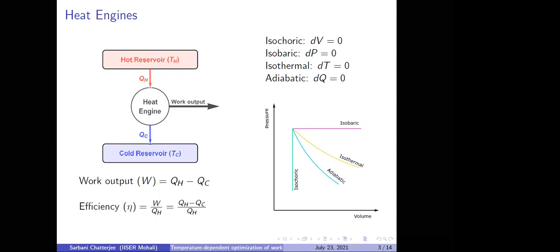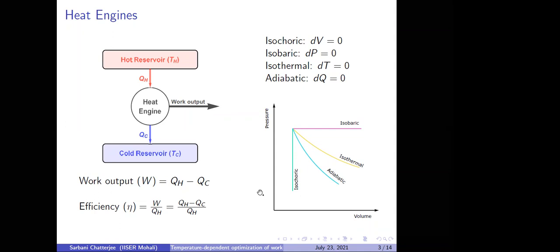Sarvani? Yes. Can I ask a very basic question? I am very new to this topic. So you mentioned isochoric processes, there is no work done. Can you show that? Okay. So we can say that work is proportional to the change in volume. And in isochoric, we can see that there is no change in volume. So work done will be zero here.